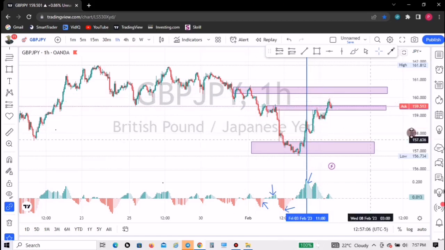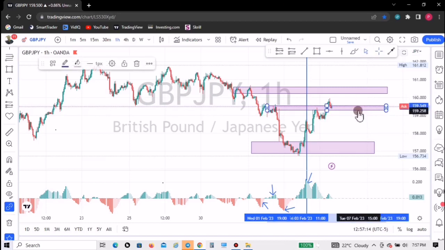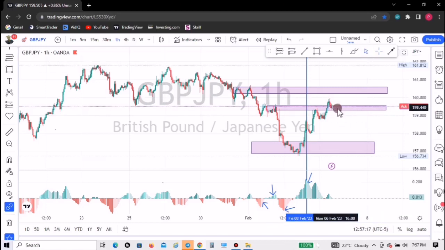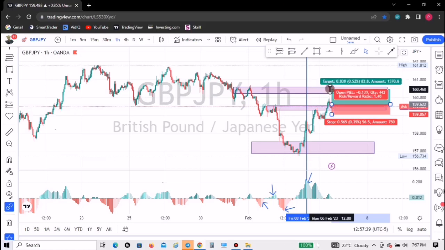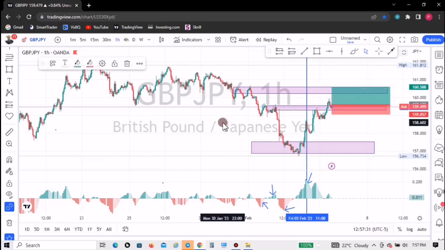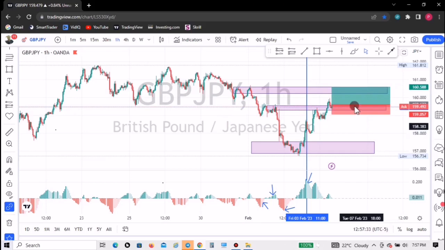And if you understand this, you will know that now price has broken out of this key level and has come back to retest it. So you can put a buy right there. Put your stop loss slightly below the key level and your take profit. You can even put your take profit somewhere here, and then you can scalp the market in that way.